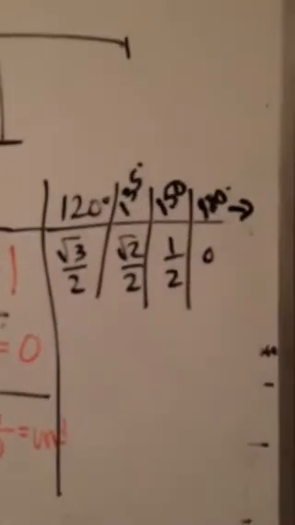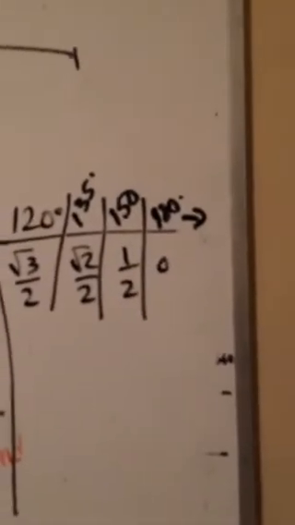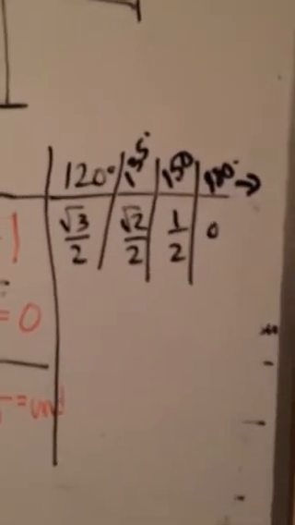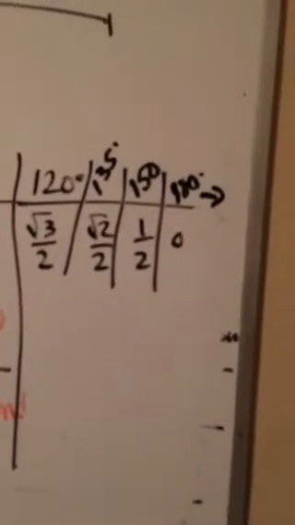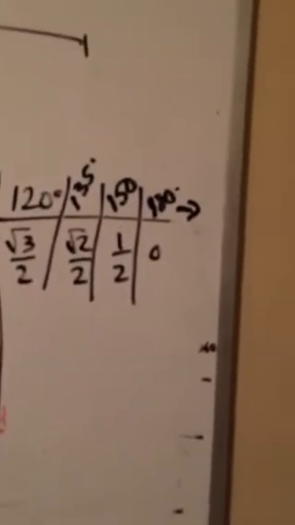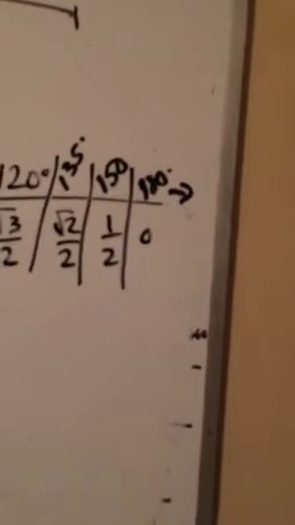But check out what happens after that. We're going negative. So if I want to make this chart even further, to go to the next spot, or 210 degrees, I'm pretty sure that we're just going to be going the same pattern in the opposite direction.